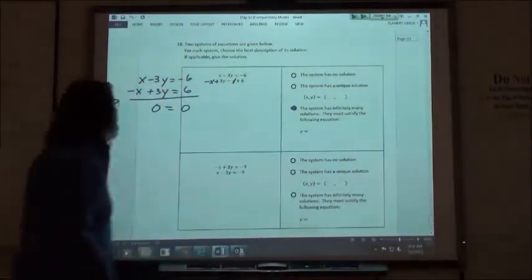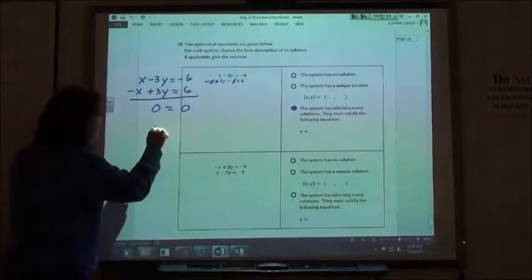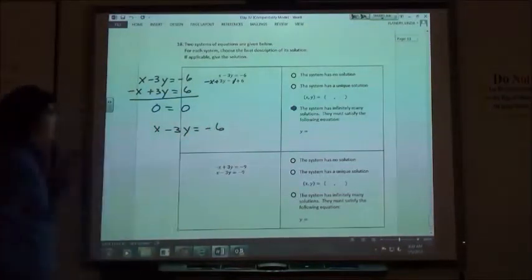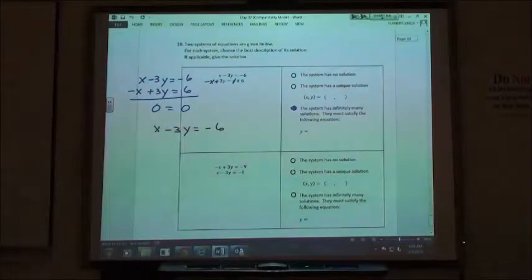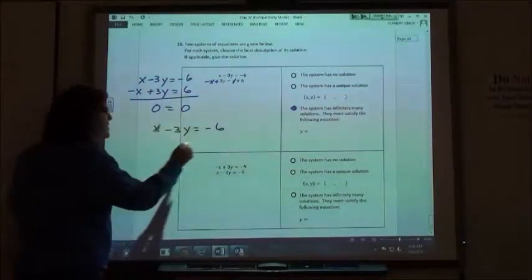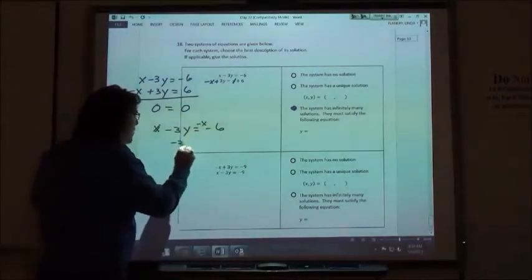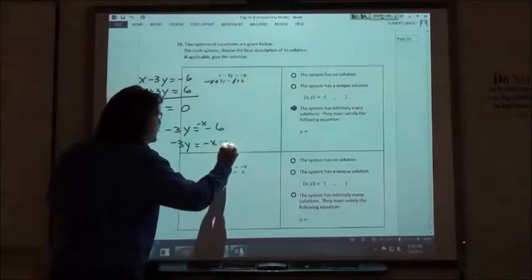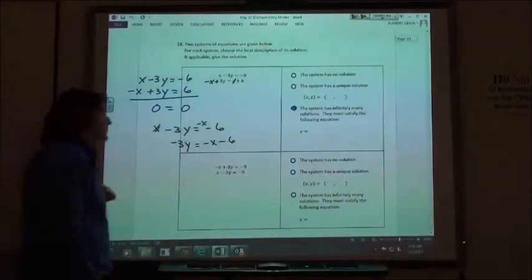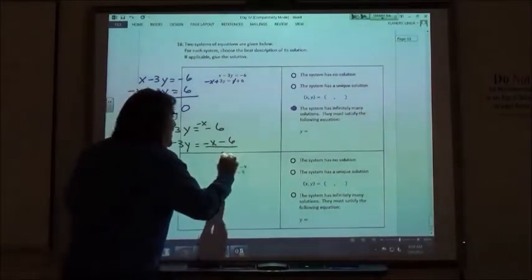Now we have to solve one of our equations for y. Let's just use the top one: x minus 3y equals negative 6. If we rearrange that one, we move the x, which makes it negative x. So negative 3y equals negative x minus 6. Then we divide by negative 3.